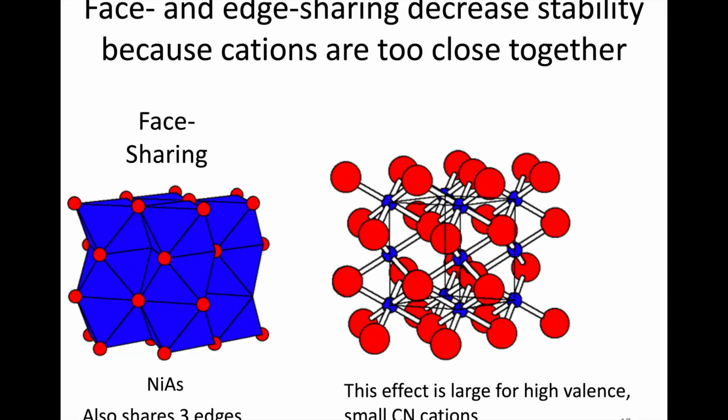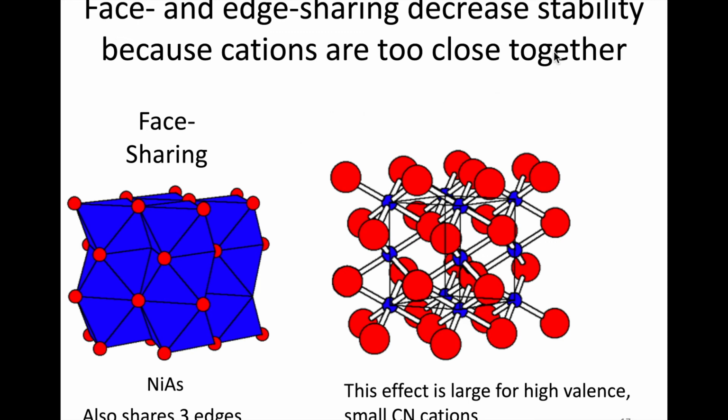The reason for this is that face and edge sharing decreases stability because the cations, which are in the center of the polyhedra, become closer and closer. If we take one polyhedra and think of this one shape, the closest we can get those cations together is if we share faces, and the farthest apart they would be is if they shared vertices.